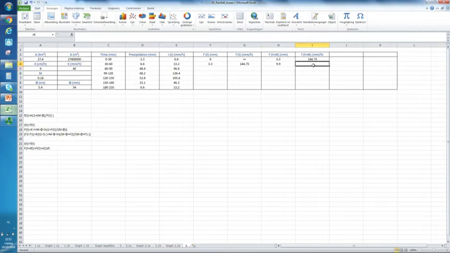The corresponding infiltration capacity can be calculated by using the Green and Ampt formula again. So we say this one multiplied with 1 plus this multiplied by this divided by our F value, and we close the brackets.